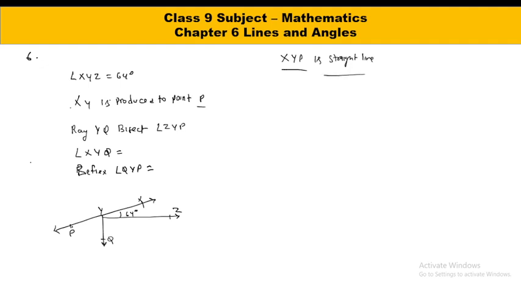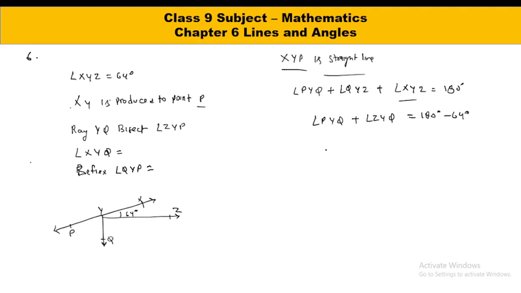You can see in this figure XYP is a straight line. So the sum of all the angles above it: angle PYQ plus angle QYZ plus angle XYZ will be equal to 180 degrees. Angle XYZ is given as 64 degrees. So angle PYQ plus angle ZYQ will be equal to 180 minus 64 degrees.